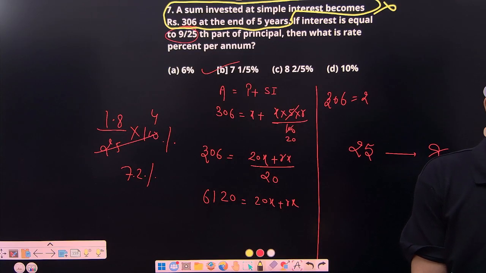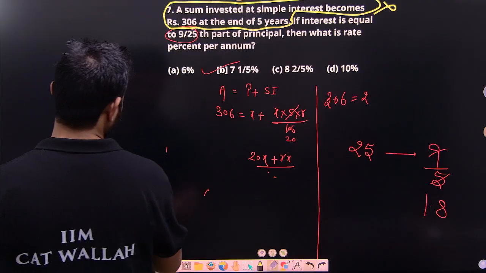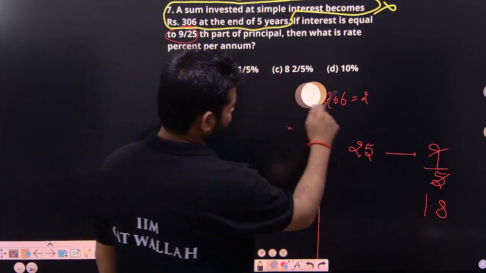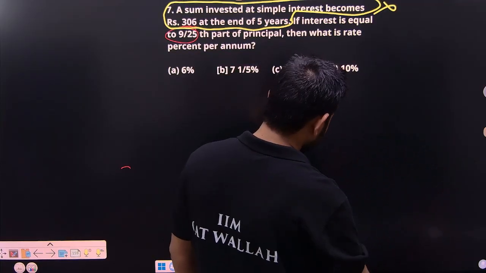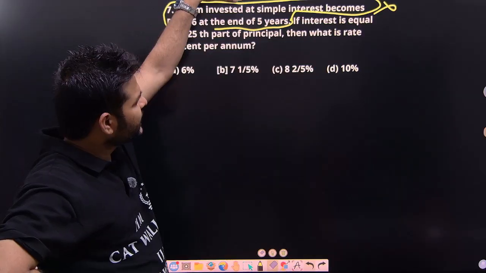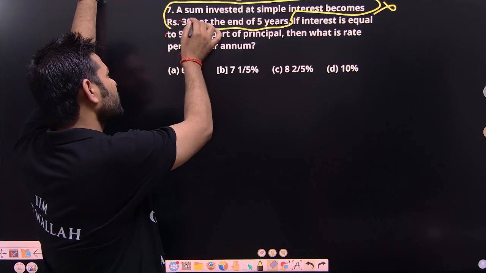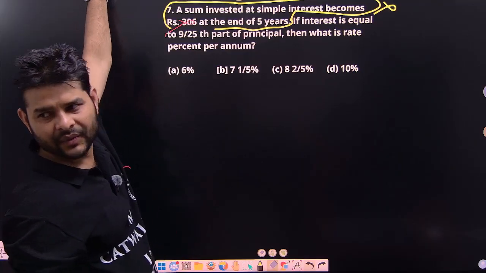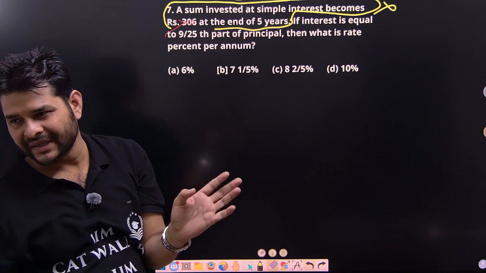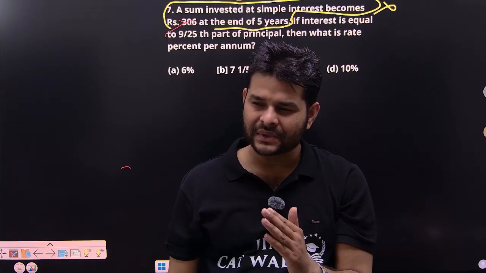Directly we can solve without using that first line. Whatever the examiner is saying in the first line, you need not pay attention to. The sum invested at simple interest becomes rupees, this value is just a waste of time. At the end of 5 years, any principal becomes 306.